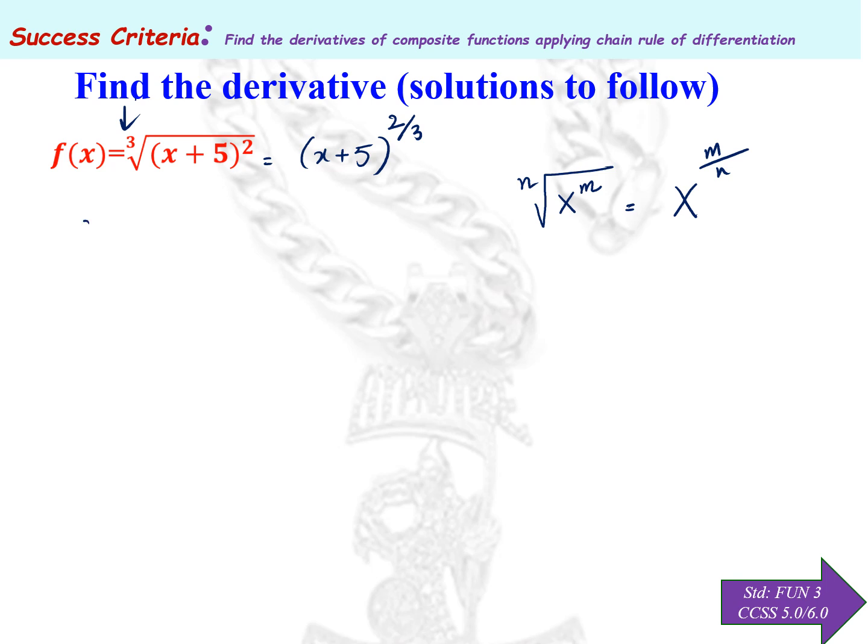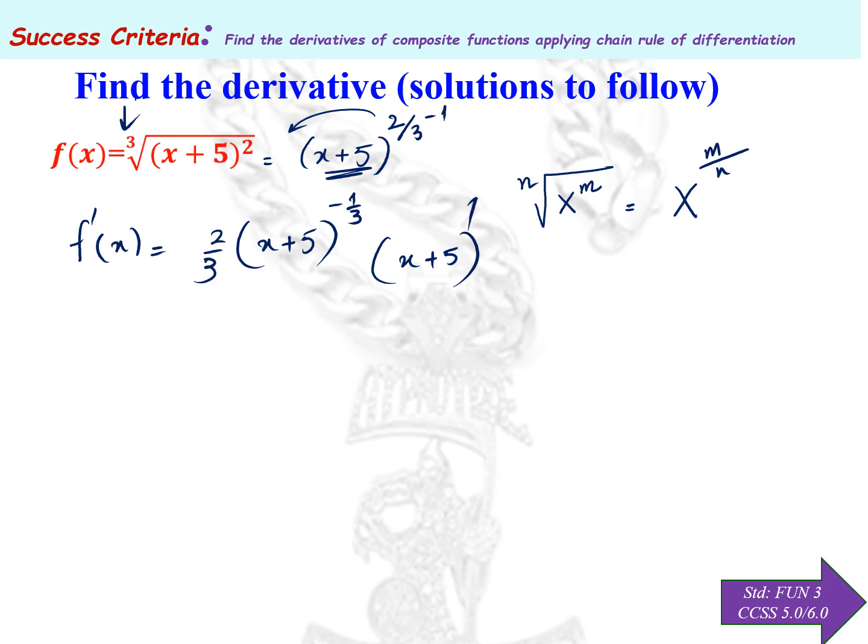Now start taking the derivative. Bring the power before the function as it is. Write the inner function as it is. From the power subtract 1, so it will give us negative 1 over 3. Write the inner function as it is with a prime. Now complete, so 2 by 3.